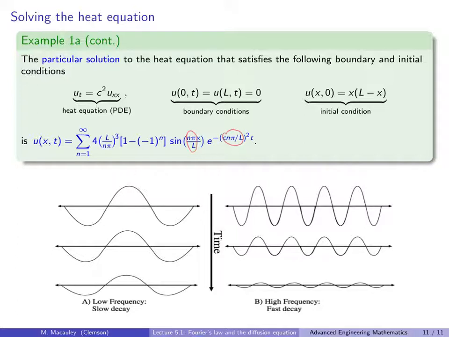And if you go back and look at Fourier's law, what that's saying is that the larger the gradient is, the quicker the heat or the quantity is going to diffuse. And mathematically, that just means that the higher the frequency is, the larger this exponent is, and the faster this exponential function is going to cause it to decay.